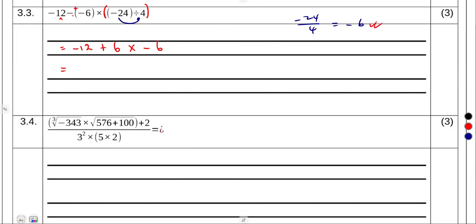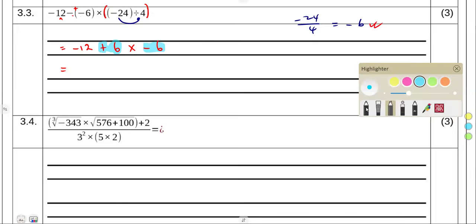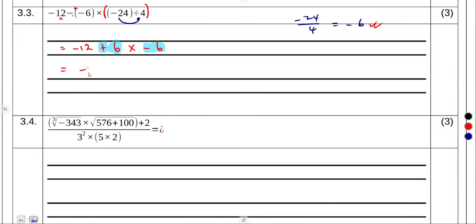So let's go to the product. After the division, it's multiplication, multiply plus 6 and a negative 6. So if you multiply a positive by a negative, it's going to give us a negative, all right? 6 times 6, that's 36. So minus 12 minus 36 is going to be more negative.